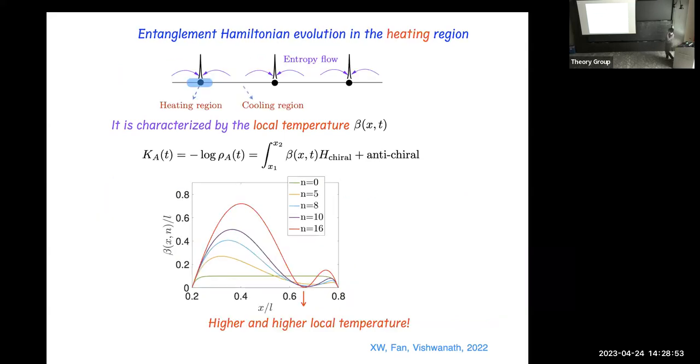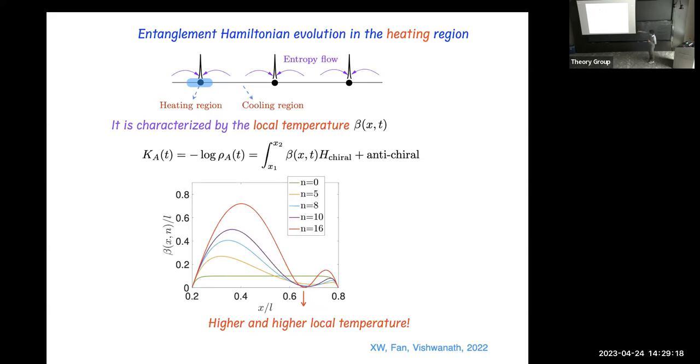I think maybe you want to ask what happens if we study the reduced density matrix for this heating region. So we also calculated the entanglement Hamiltonian. What we found is quite different from the cooling region. We can find that there are some dips. This location corresponds to the location of the energy density peak.